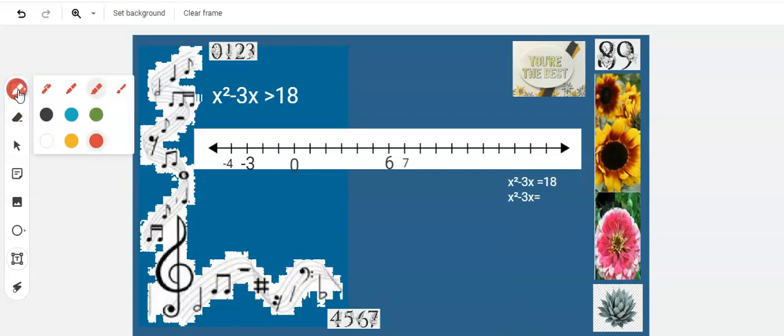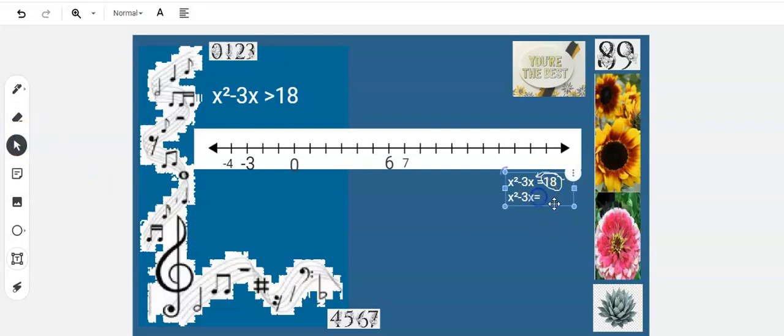Okay, so we are going to transpose 18 from the right side to the left side of the equation. Ang positive 18, mahimong negative 18. And then copy equal sign, and ang mahibilin sa right side, 0 na lang.